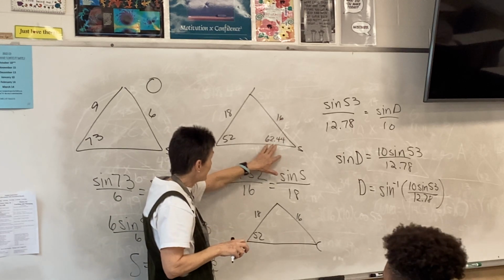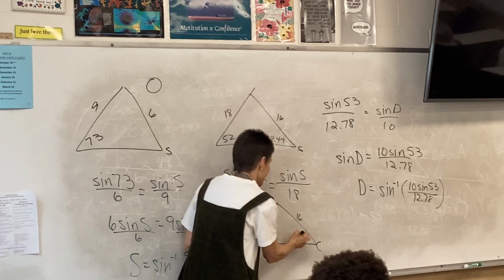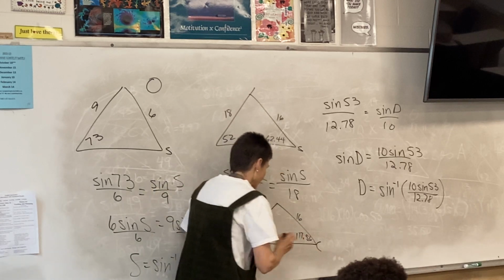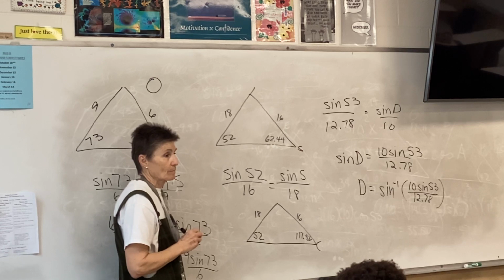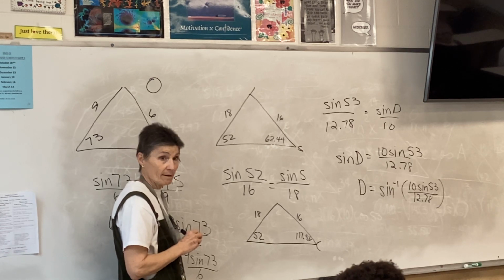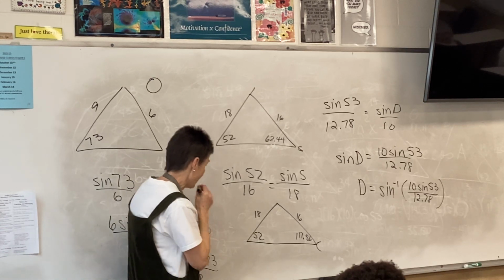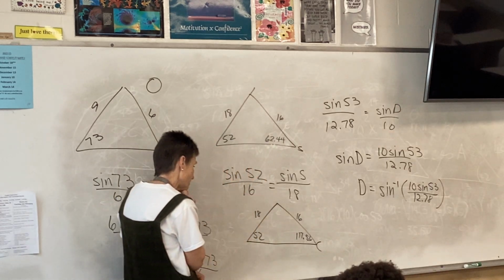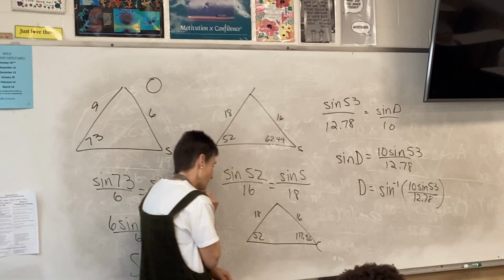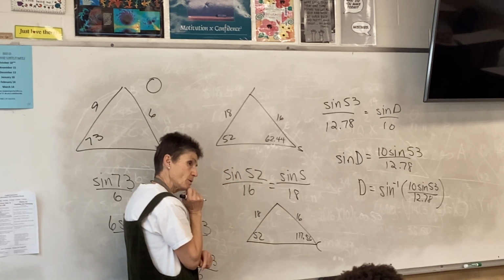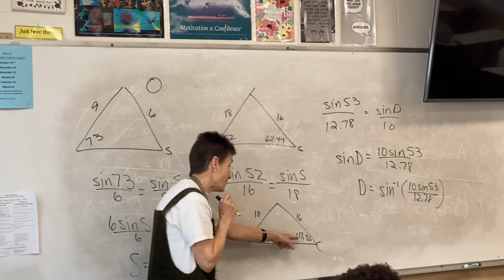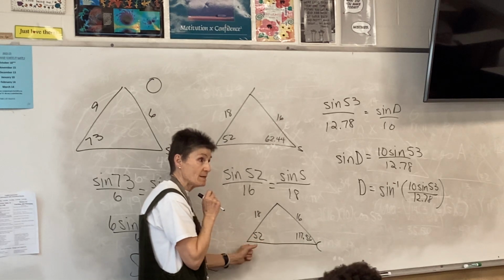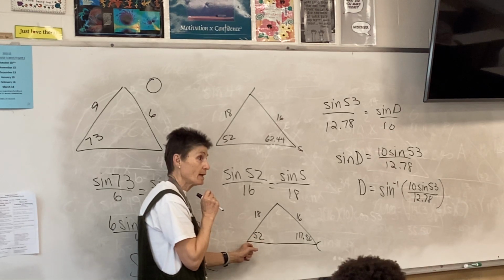So 180 minus that would be 117.56. Okay, and then we say to ourselves, well, can I have 117 in the same triangle with the original 52? Would that be okay? Yes. When is it not okay? When it makes more than 180 with the original angle.